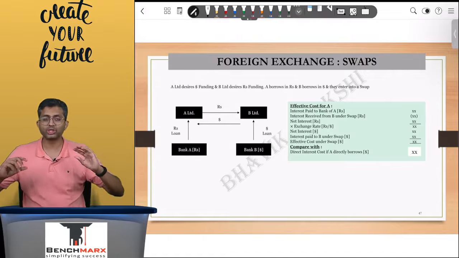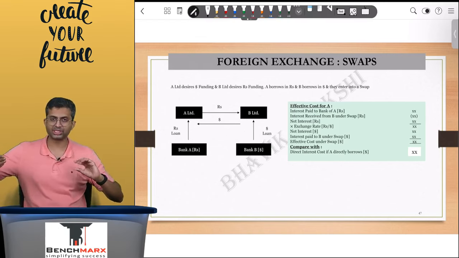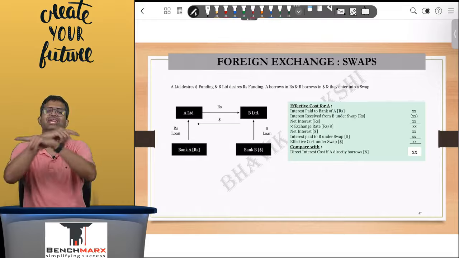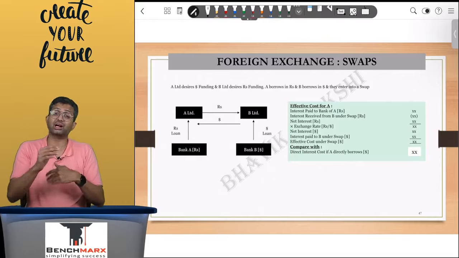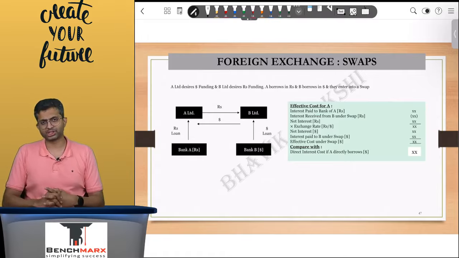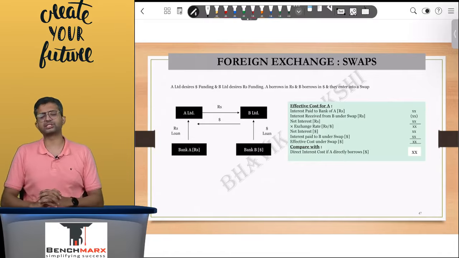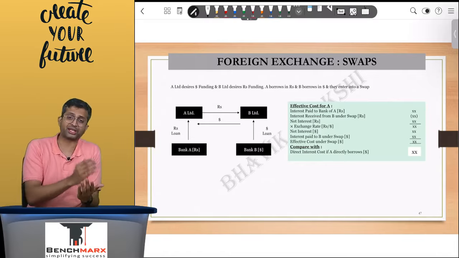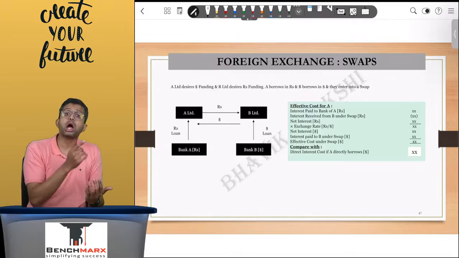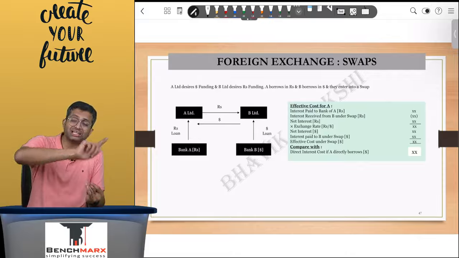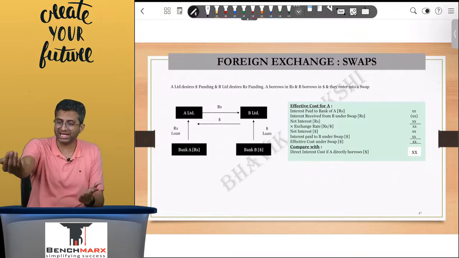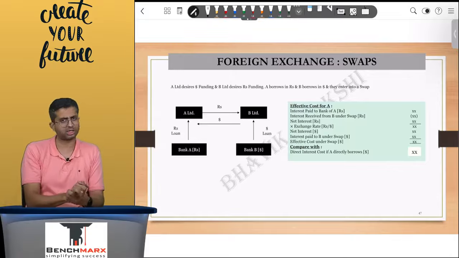So what they can do is, Mahindra can borrow in rupees in India, Chrysler can borrow in dollars in the US, and then they can exchange the rupees and dollars and agree to pay each other or reimburse each other for the same. So your net cost of financing will have to be calculated. Your net cost of financing will be the cost that Mahindra pays to its Indian bank plus the cost that it pays to Chrysler under the swap minus the amount it recovers from Chrysler under the swap.